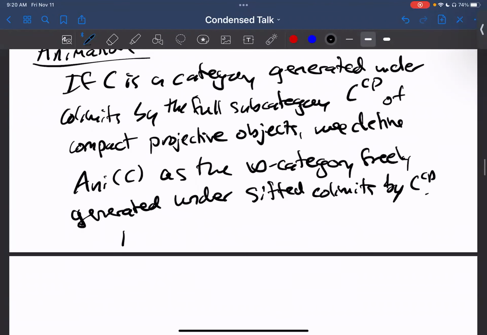So you can formalize this as some subcategory of the functor infinity category to anima.